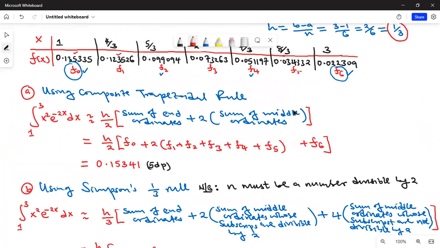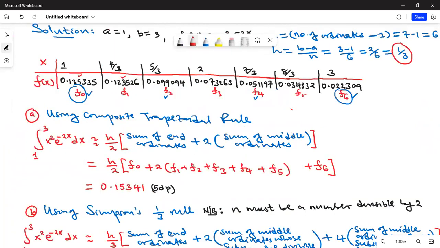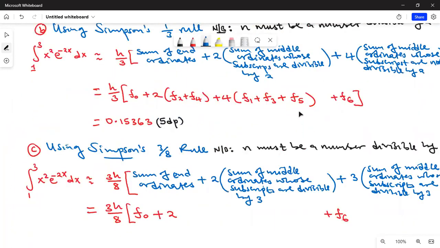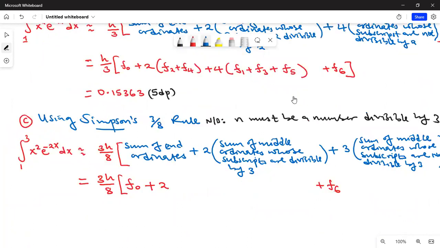Let me take you back. Between f1 and f5, I can only see f3, because 3 is divisible by 3. So we only have f3. So right there, 2 times f3. The rest are not divisible by 3. So it is only 2 times f3, nothing else, then plus.